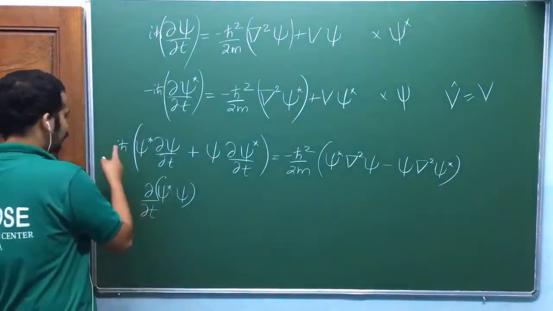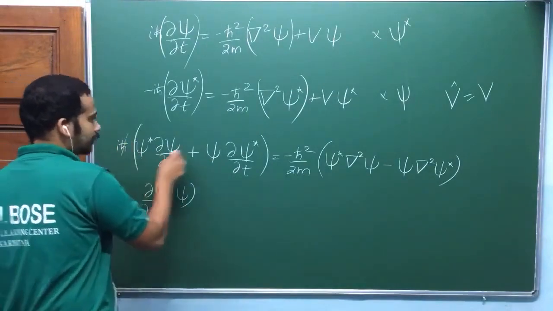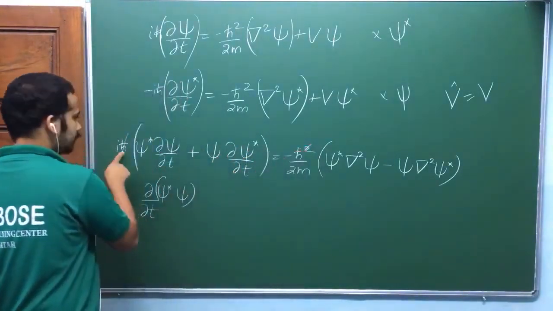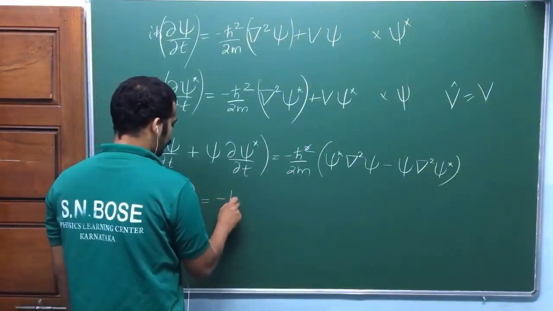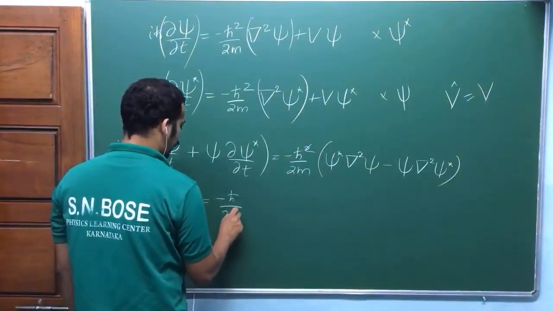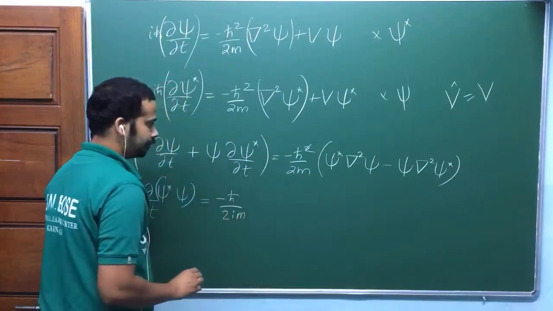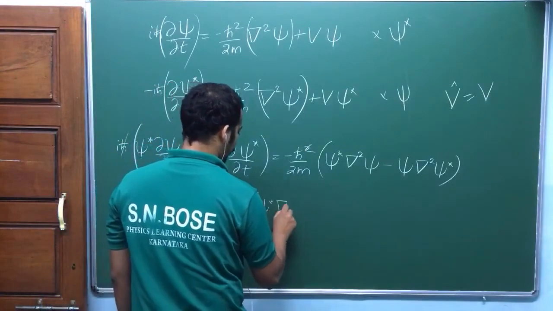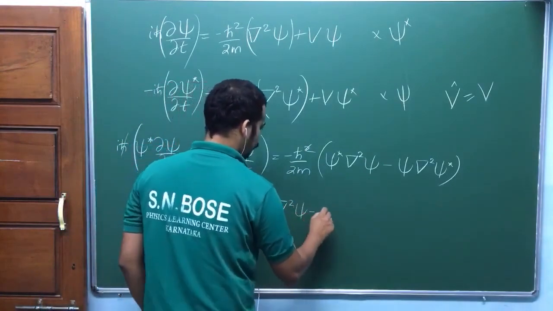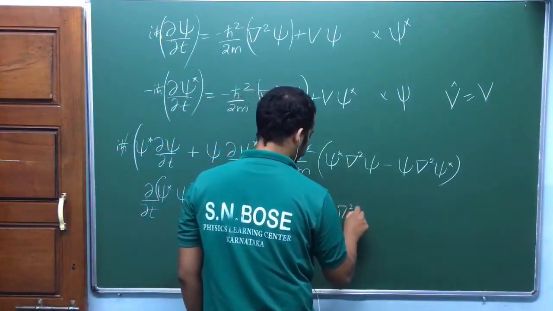And one of the h bar will get cancelled, and I'll take this i into the denominator. What will happen is minus h bar by 2im, psi star del square psi minus psi del square psi star.